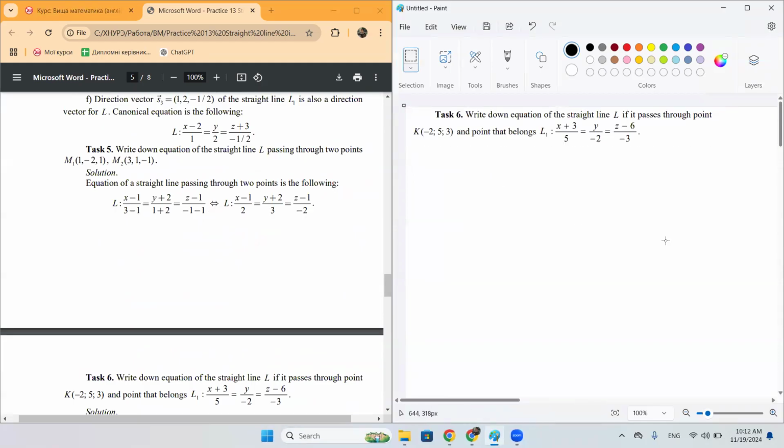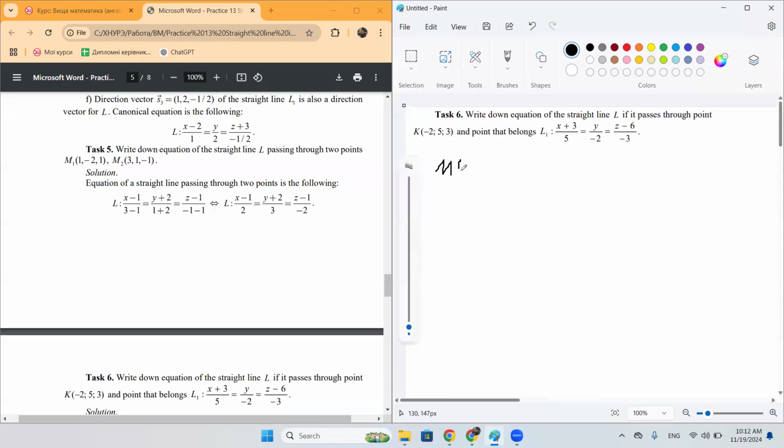So write down the equation of the straight line L if it passes the point K and a point that belongs to L1 straight line. So as well, we need to write down the equation through 2 points. So how to find the second point? What do we call it? M.